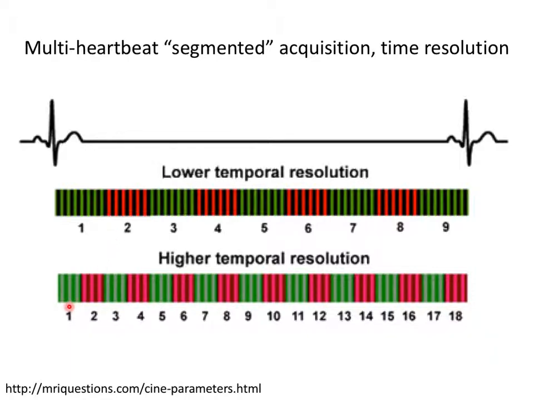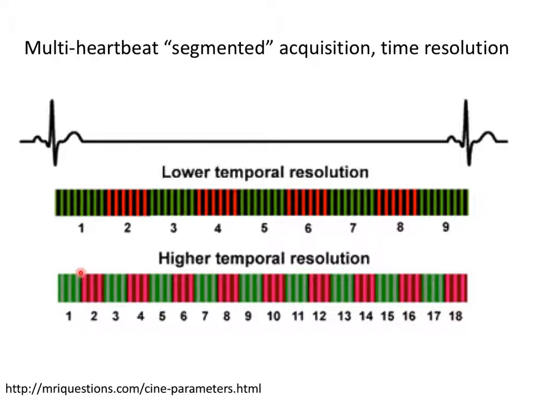If we want higher temporal resolution, we can just make each one of those windows narrower in time. So if this window was, say, 100 milliseconds, and we drop it to 50 milliseconds, then we have a sequence of images with higher temporal resolution.